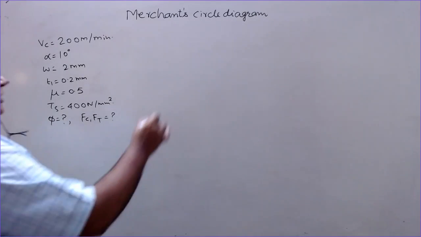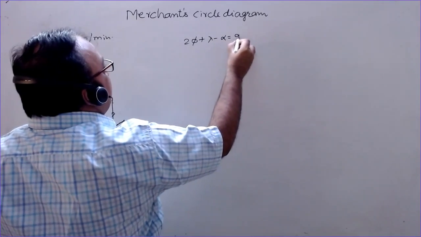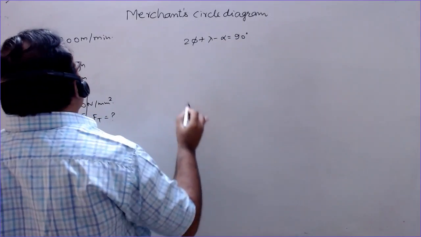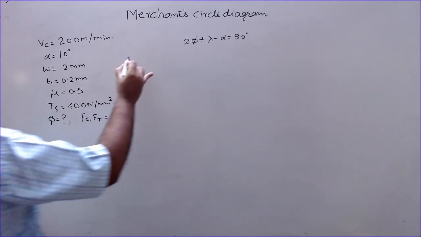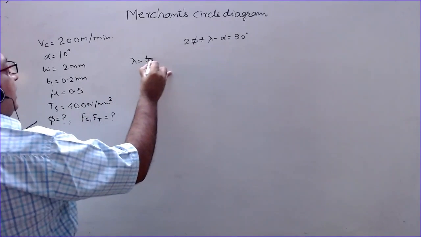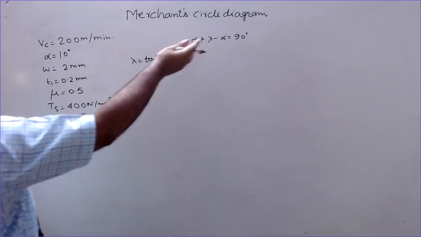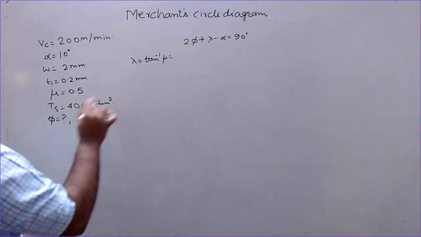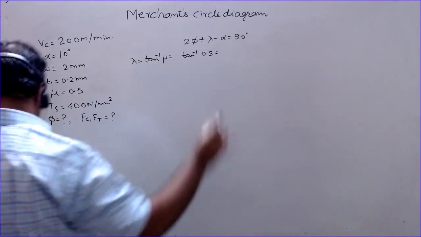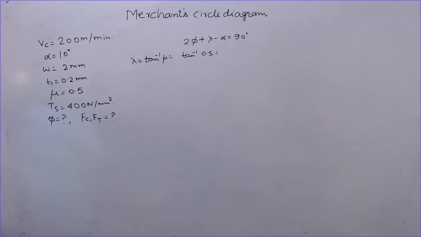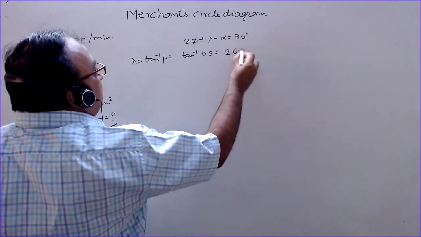So we have, according to merchant's theory, 2 phi plus lambda minus alpha equal to 90 degree. So lambda is equal to tan inverse mu. If it is given to us, then we can use this theory. Tan inverse 0.5, which is equal to approximately 26.6 degree.